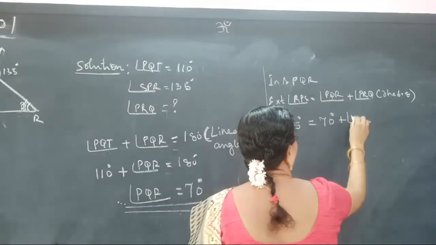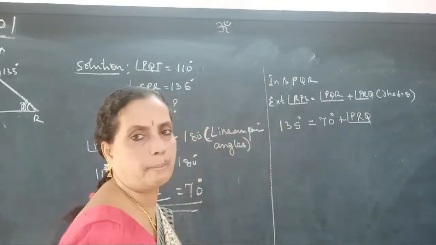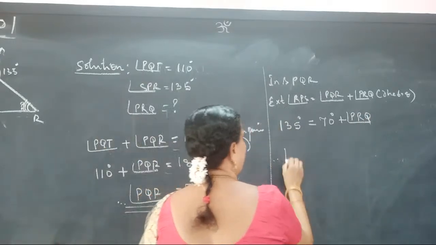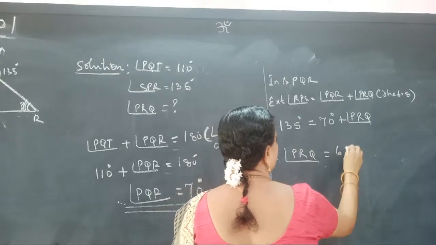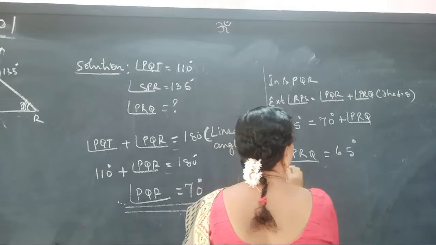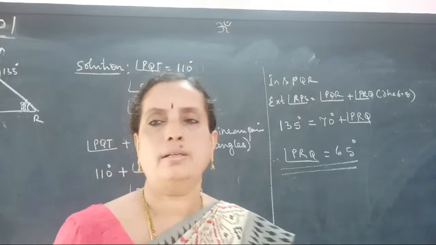We have to find out the measure of angle PRQ. Therefore, angle PRQ equals 65 degree. That is the required answer. Clear?